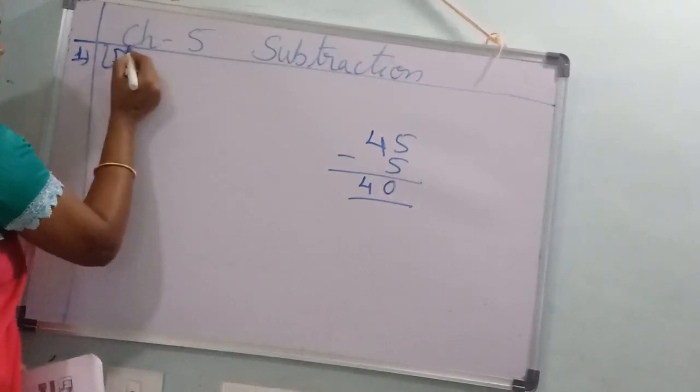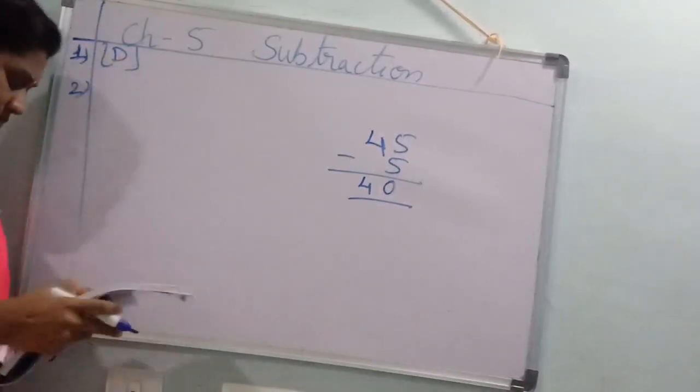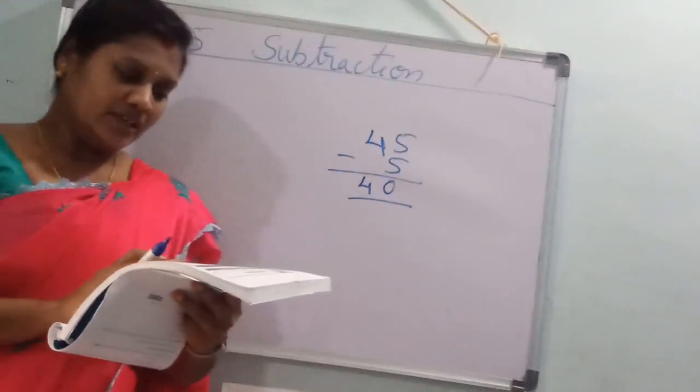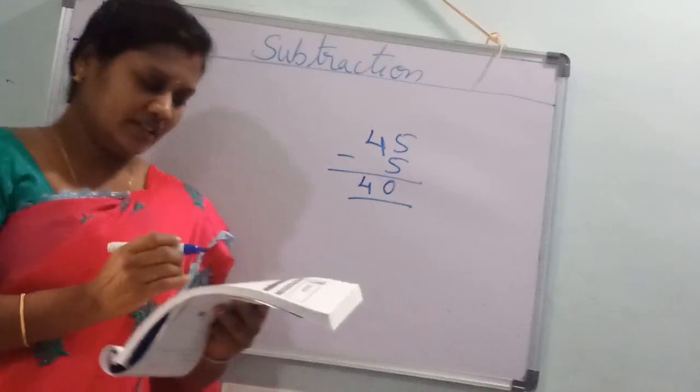Understood, children? Next. They have given some x. You should minus this from this. Starting, how many x are there?